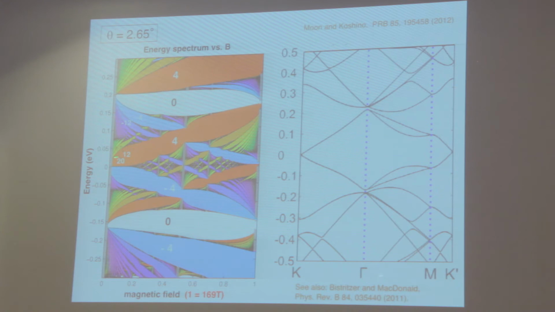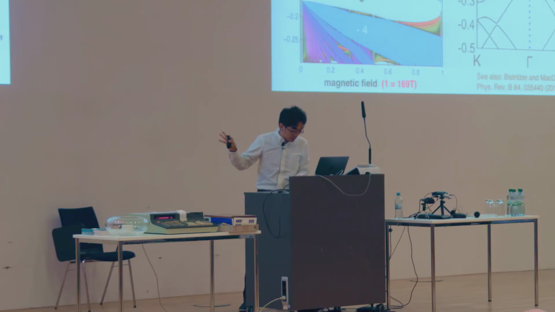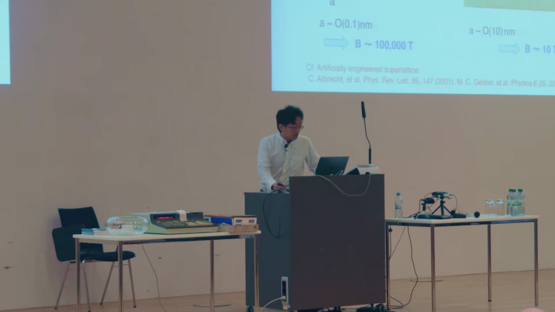So the electron-like branch and this hole branch meet together and interfere, and it gives some recursive structure. So this is where we actually see the Hofstadter butterfly in the moiré system. Okay, the virtue of this is, of course, that we can get a larger period, which is needed to realize a Hofstadter butterfly in a real system.